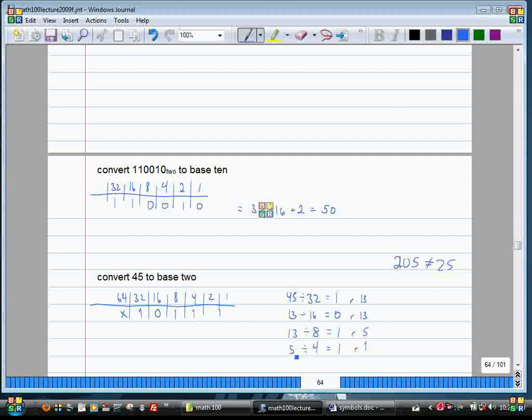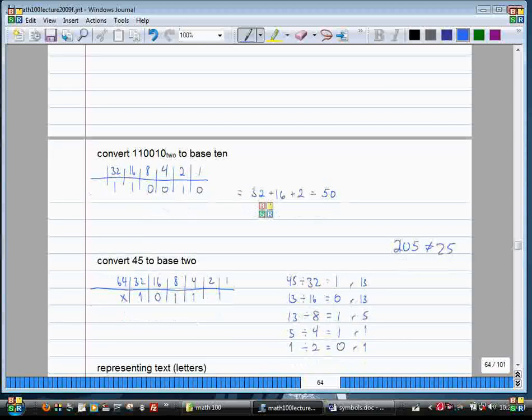And you can check that just by writing it out, saying 1 divided by 2 equals 0, remainder 1. And then finally 1 divided by 1 equals 1. And we're done. So there were no 2s, and there was a 1. So there you go. When you type in the number 45 to a computer, it sees 101101.